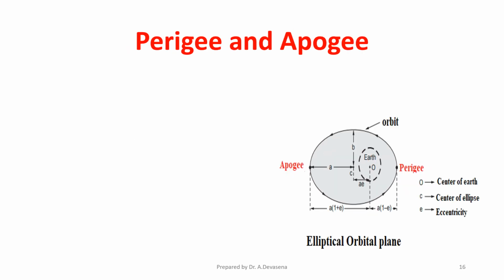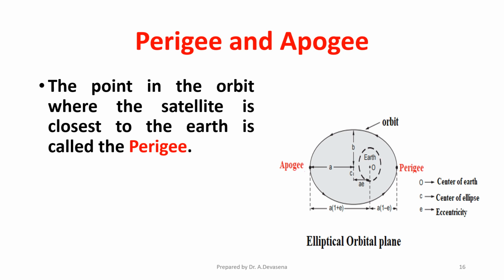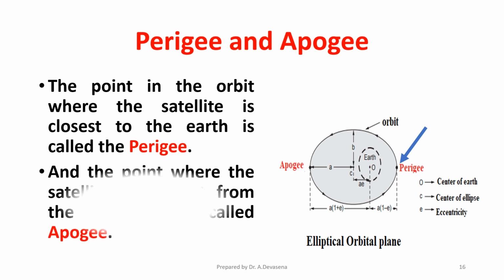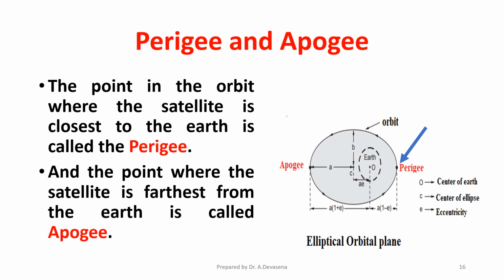Perigee and apogee. The point in the orbit where the satellite is closest to the Earth is called the perigee. The perigee is located here. And the point where the satellite is farthest from the Earth is called the apogee. Here is the apogee location.